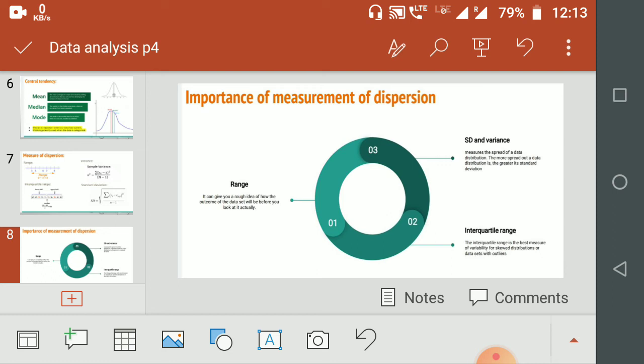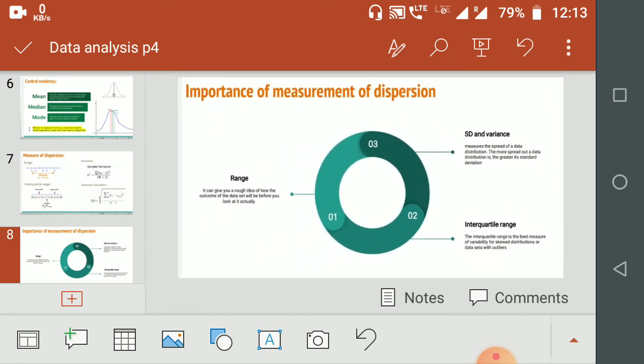Standard deviation and variance measure the spread of the data distribution. The more spread out the data distribution is, the greater its standard deviation will be.